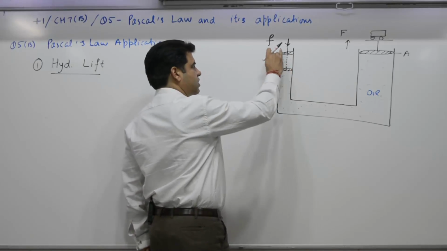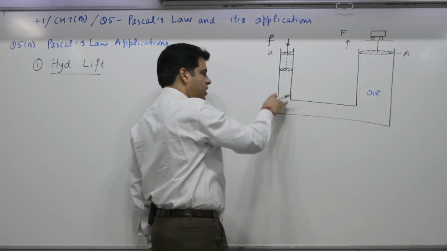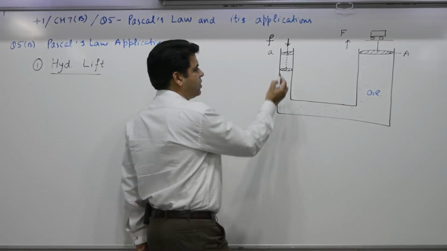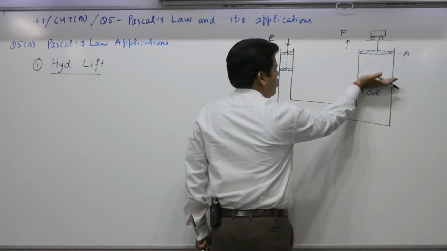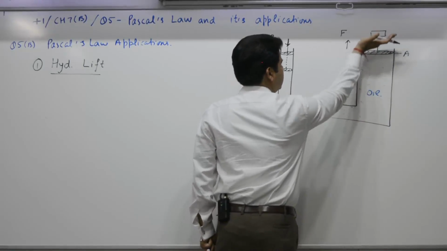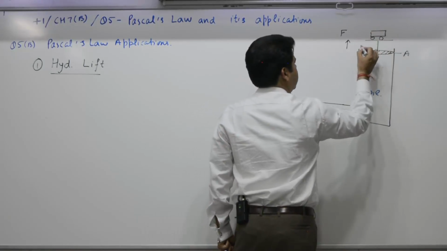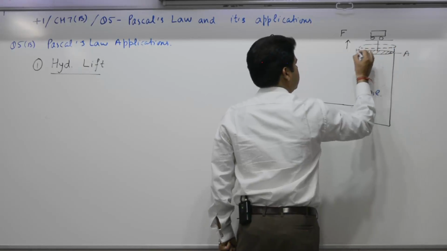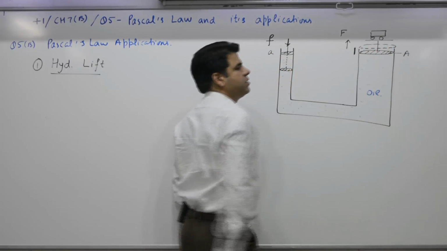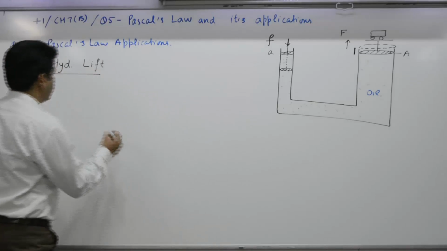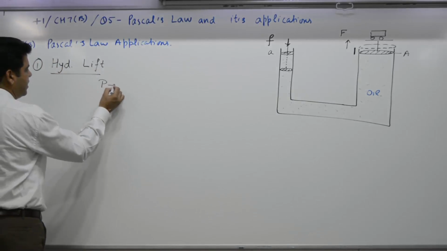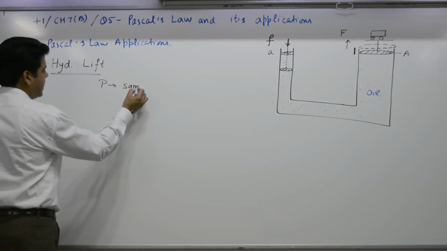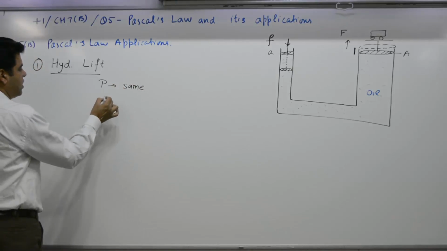If this piston moves downward, it will press the fluid, the oil, downward. Because of the same pressure, this oil will press the other piston upwards and it will move upward. So, if you say P is the same, that means what?